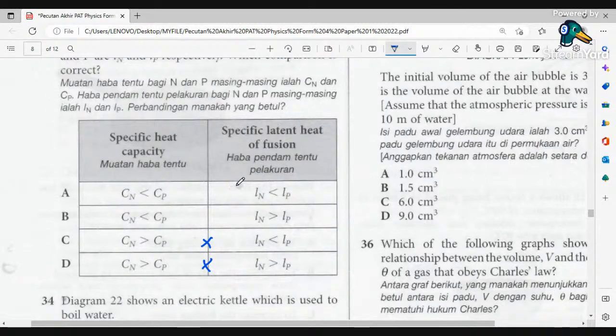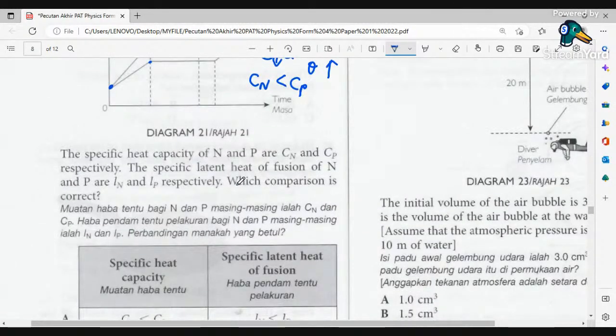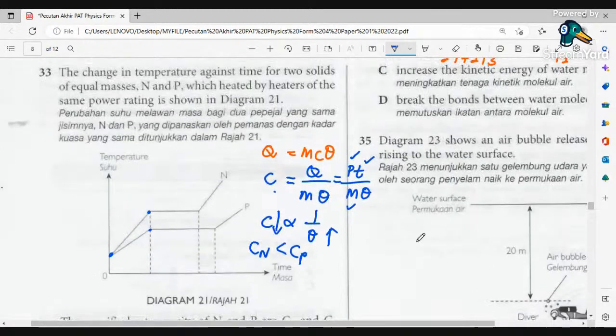Now we look at Ln and Lp. Okay, Ln and Lp ialah bahagian mana? Sini dengan sini. For N, take shorter time for all the mass to change to gas.